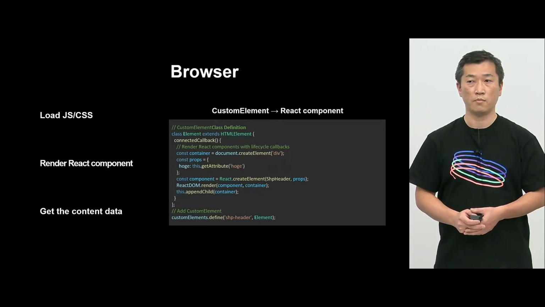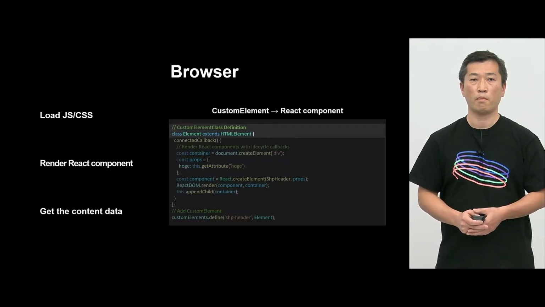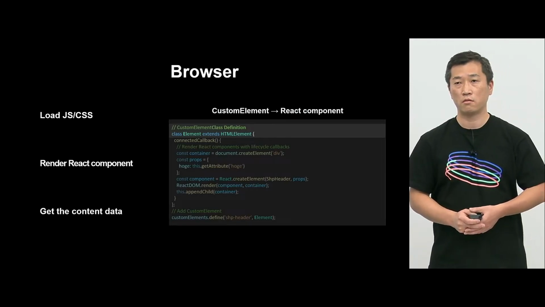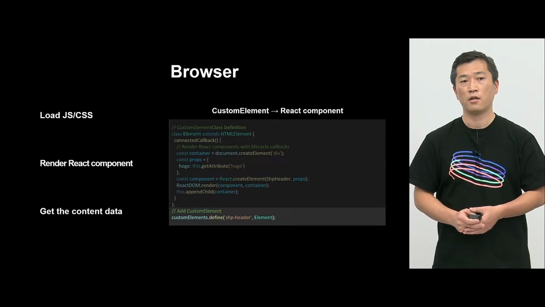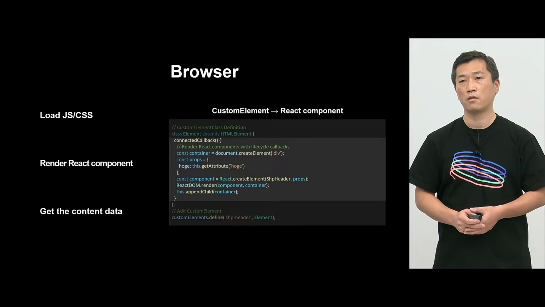So this part of code looks like this. For each UI, right after the JS is loaded, this is executed. So first, the custom element class is defined. And the custom element defined with this is added.